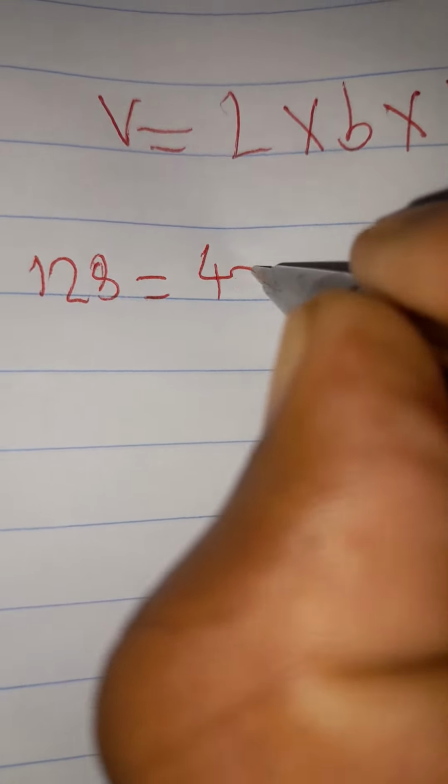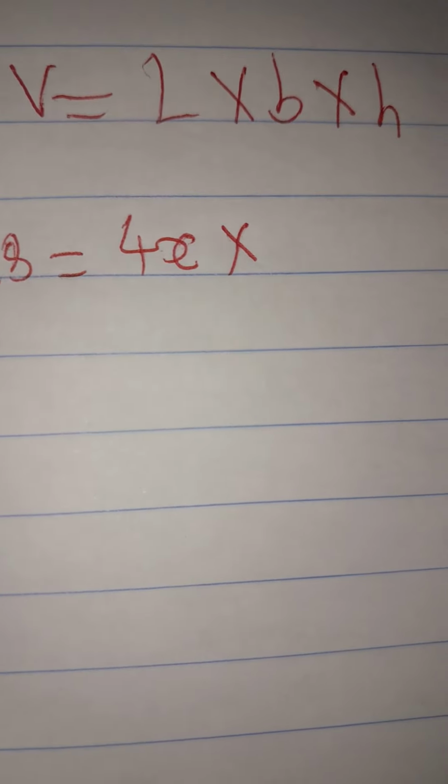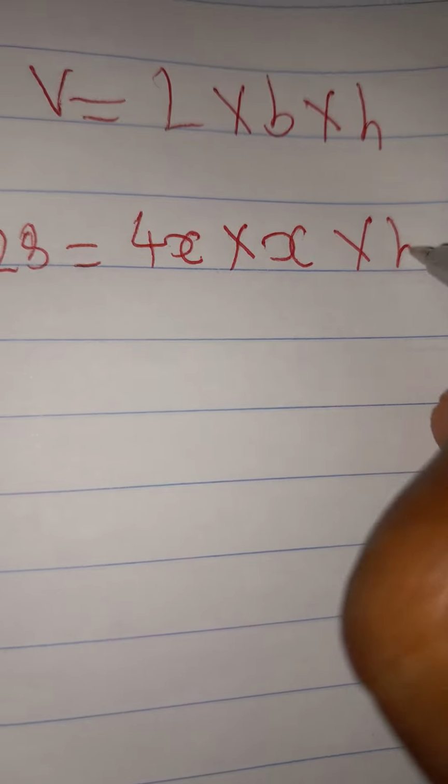Then let's substitute so that we can find h. Our volume is 128, our length is 4x, and our width is x, times h.